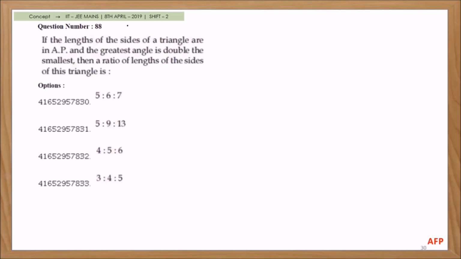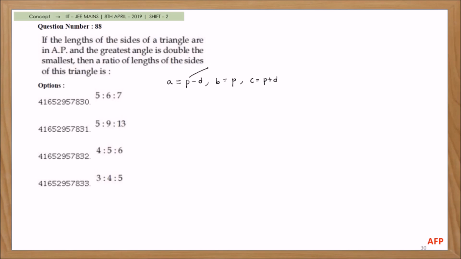Next problem. If the lengths of the sides of a triangle are in AP and the greatest angle is double the smallest angle, then find the ratio of the lengths of the sides of this triangle. So for the sides of the triangle, take a equals p minus d, b equals p, and c equals p plus d.